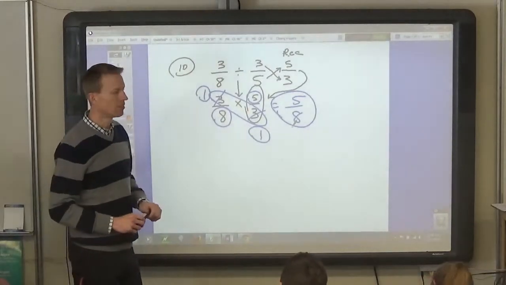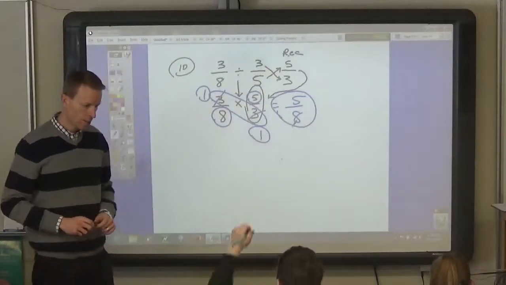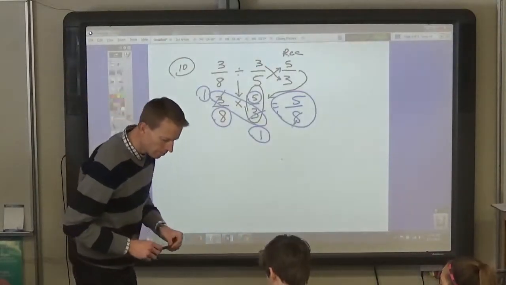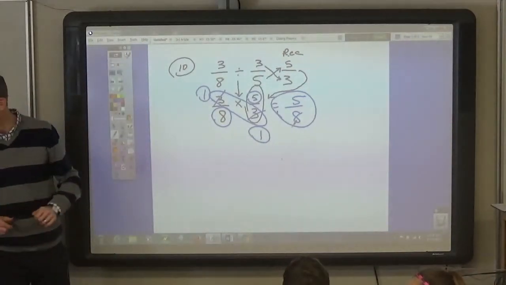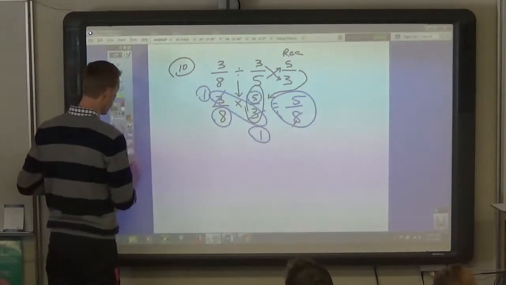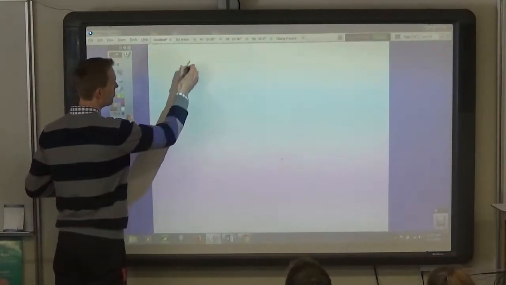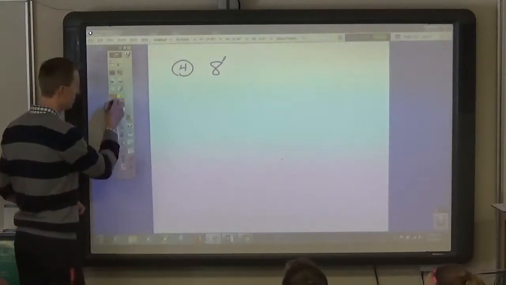Any questions on using reciprocals? Jeremiah? How do you do Number 4? Ah, the reciprocal of 8? All you have to do for number 4 is write 8 as a fraction first.